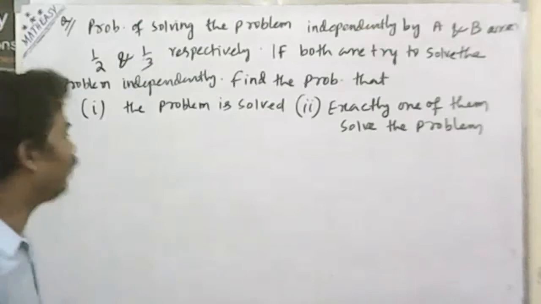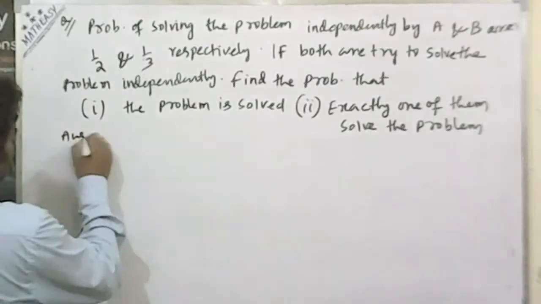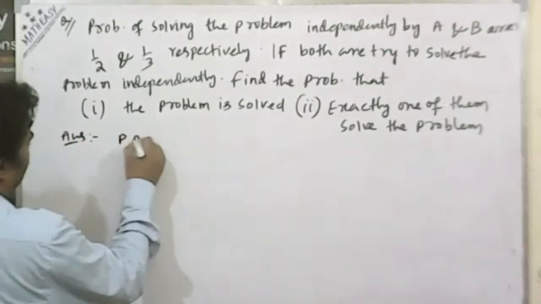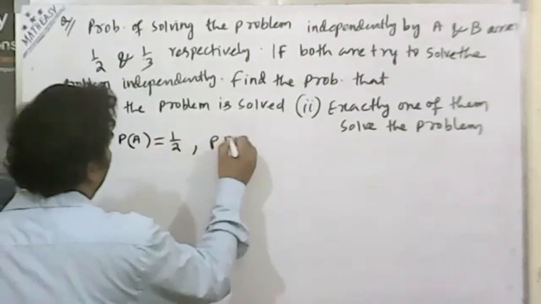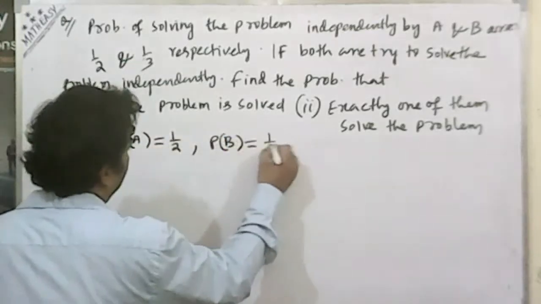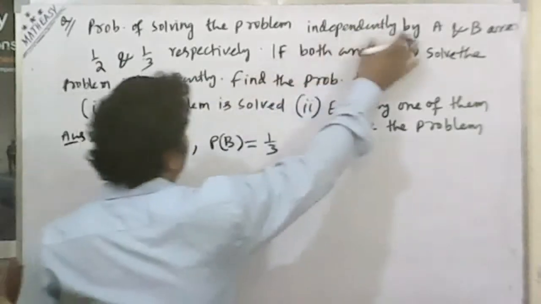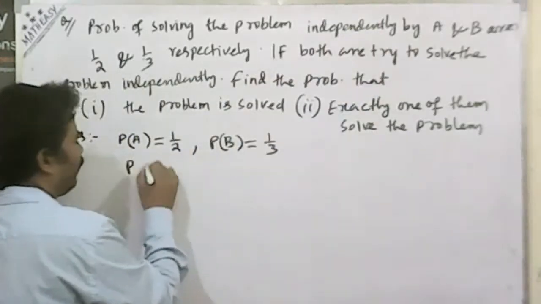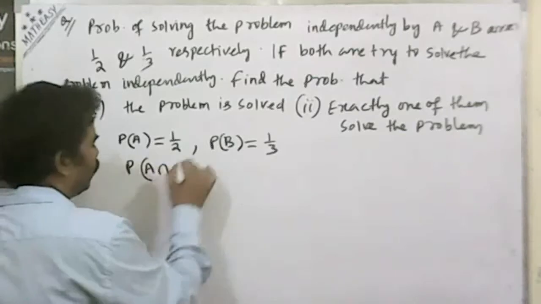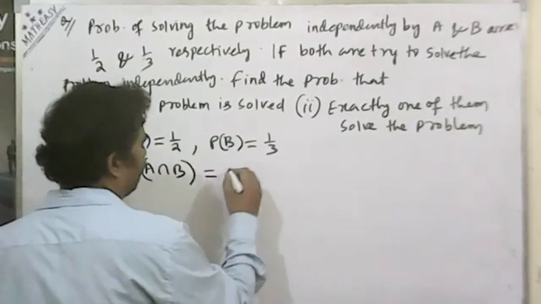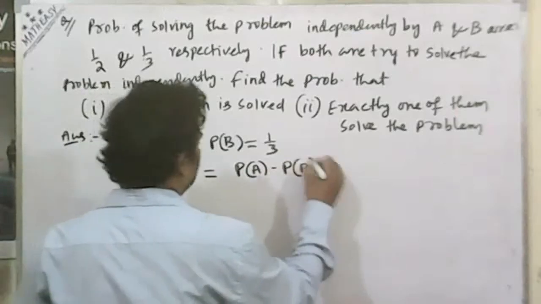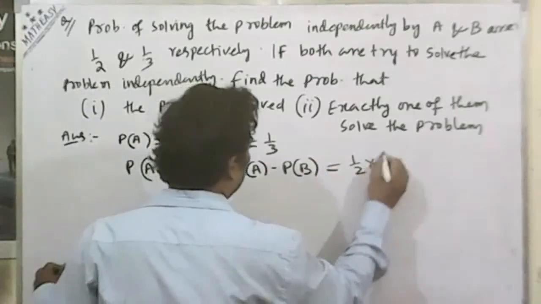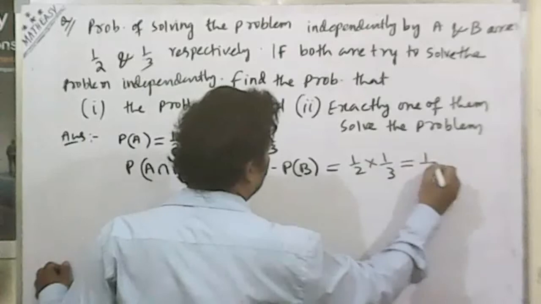Means probability of A is equal to 1/2. Probability of B is equal to 1/3. Here independently A and B solve, means A and B are independent events. So probability of A and B means probability of A into probability of B. It means 1/2 into 1/3, which is equal to 1/6.